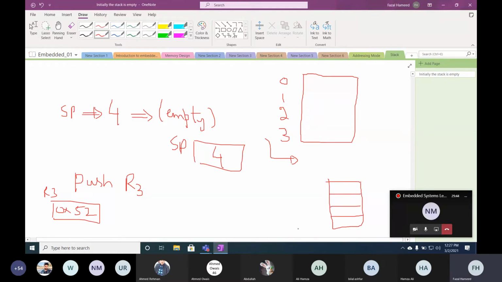What is the value of the stack pointer? Because we are using register indirect with pre-decrement, the value will be 3. It will point to this location, and the value inserted in the stack is 0x52.